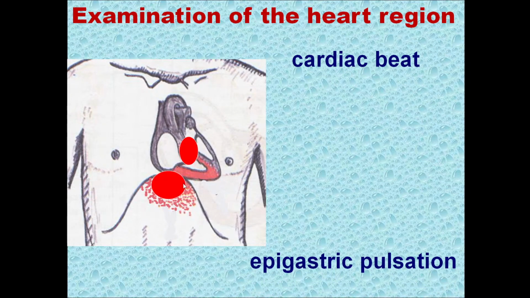We can see epigastric pulsation. It depends on the intensity of hypertrophy of the right ventricle.